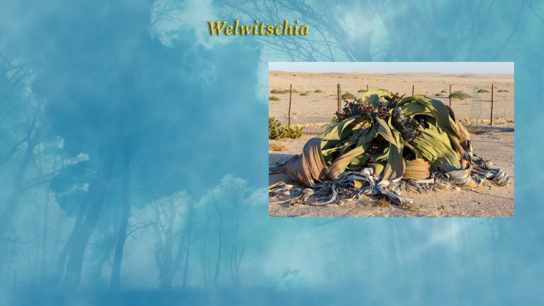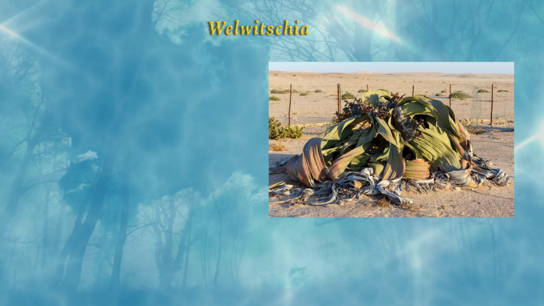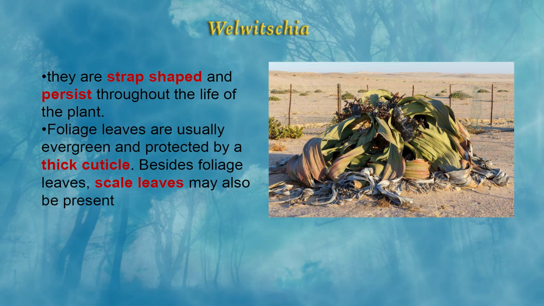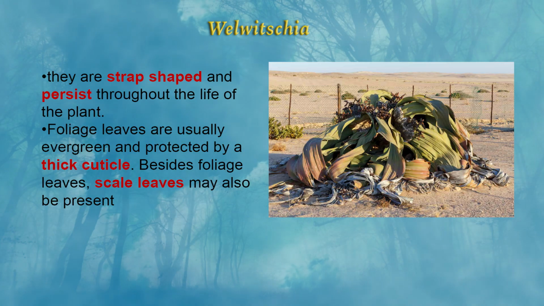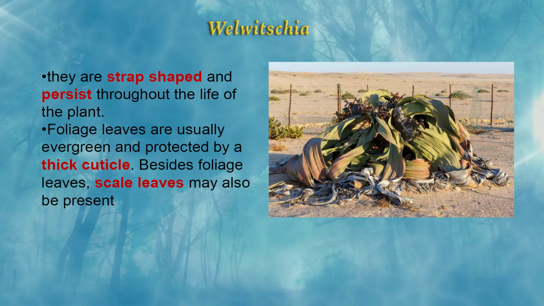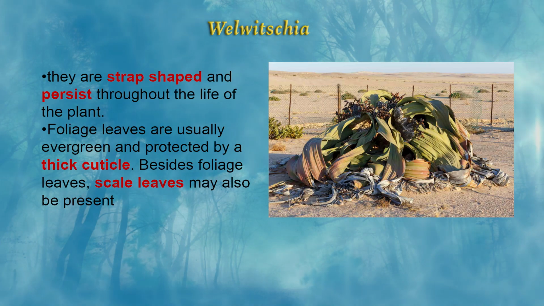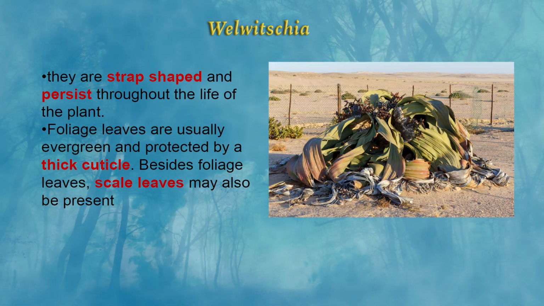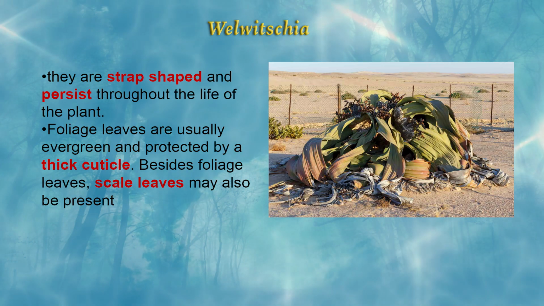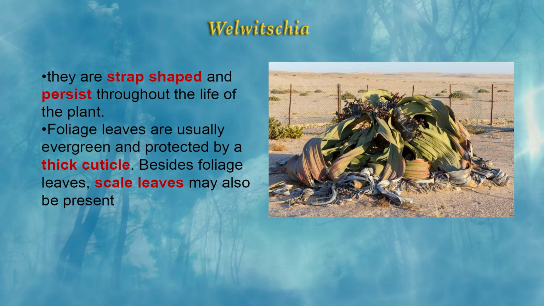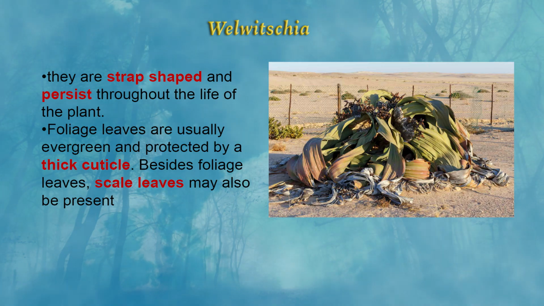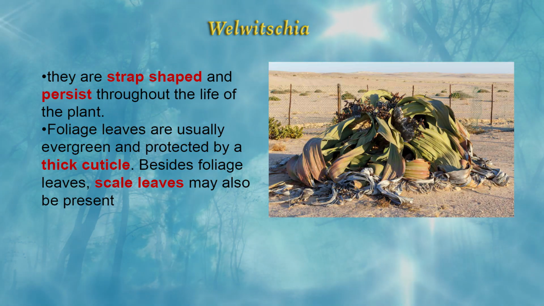Welwitschia is another miracle plant, because apart from what we have told about large trees, big trees, Welwitschia is a small tree. Though diameter-wise it spreads more than 1.5 meters, it is very small in height, and it has leaves which are persistent and strap-like, and they have a thick cuticle.